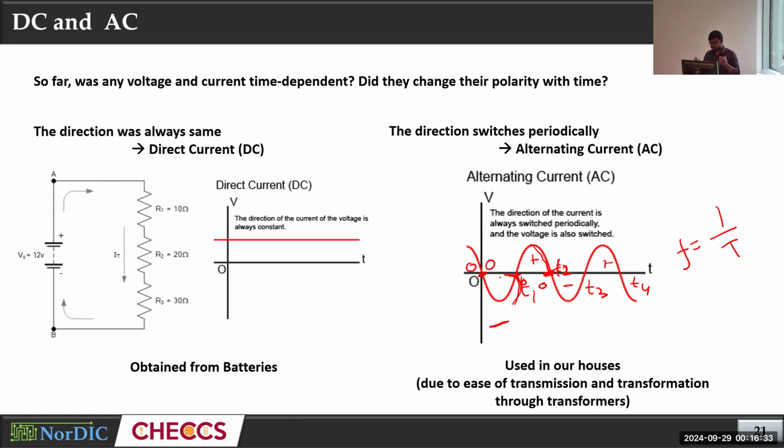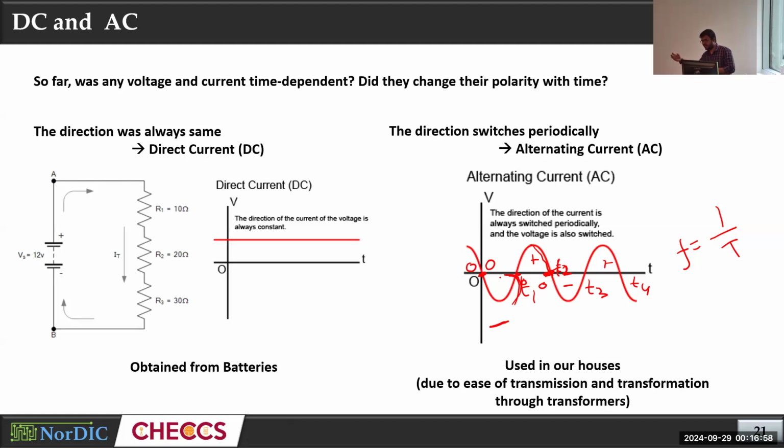As I mentioned, when you distribute electricity through a wire, the wire has a resistance. Resistance will take a voltage: if there is current flow, there will be some voltage drop, so V equals I times R. The voltage that you supply from the power station, if you use DC, will drop across all those wire resistances.